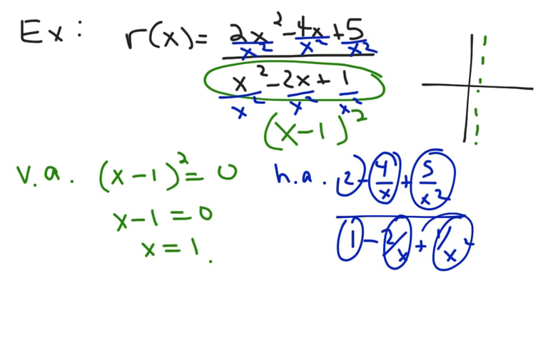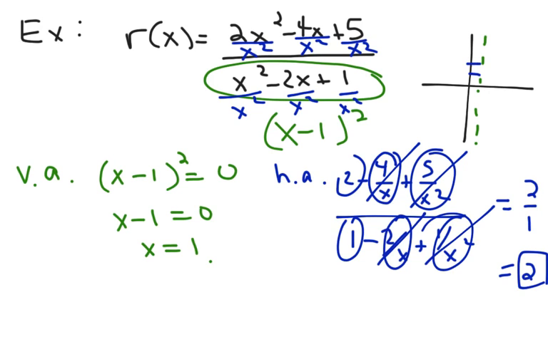But the 4 other fractions have x's in the denominator. The larger the denominator of a fraction, the smaller the output of the fraction. So the bigger x is, these all go to 0, and they basically go away, so you end up finding out that the horizontal asymptote is 2. So there must be a horizontal asymptote here.